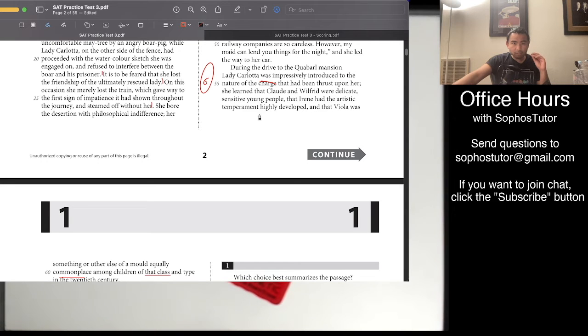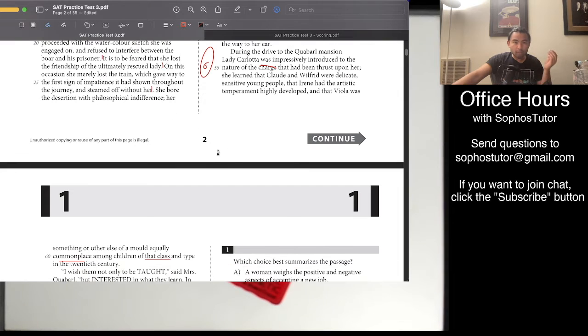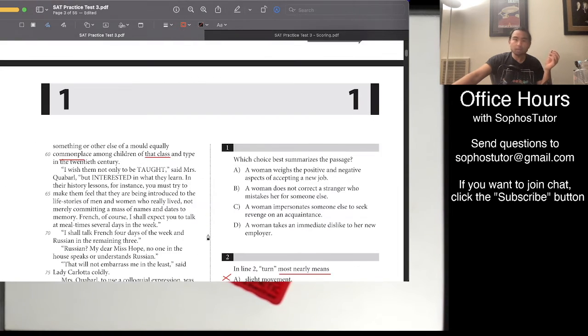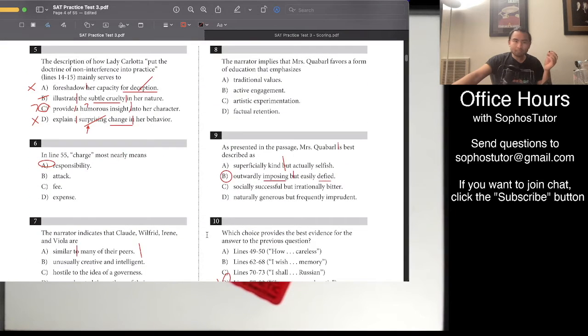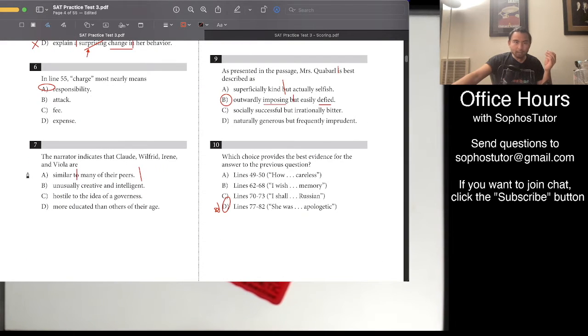Irene had the artistic temperament highly developed. Well, again, we would imagine that people of that class would also be highly developed because it says commonplace among children of that class and type. So, soft, yes. Not 100%, but okay.